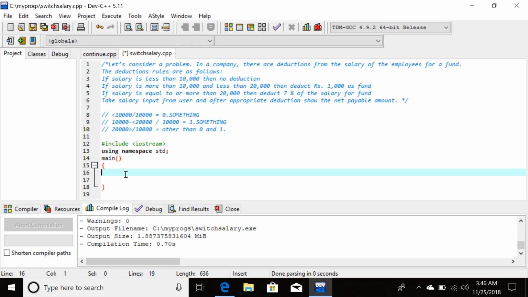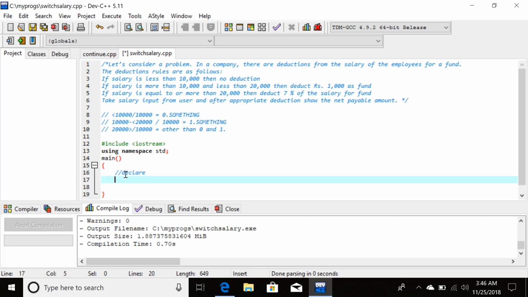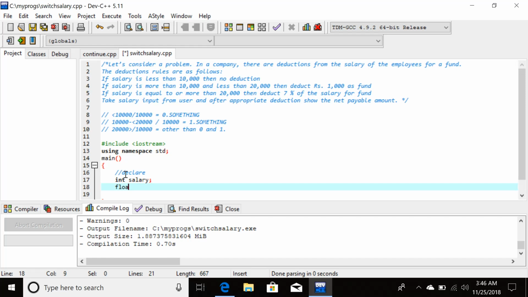So to use the switch structure, first we need to declare the variables. There are three variables involved. One is of course salary. The salary could be anything in whole numbers, so it is an int. The second and third are discount and payable, because the deduction could also be 7%, so it could be a real number, so I am calling it float.